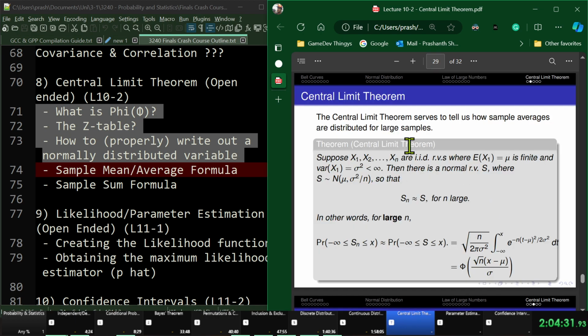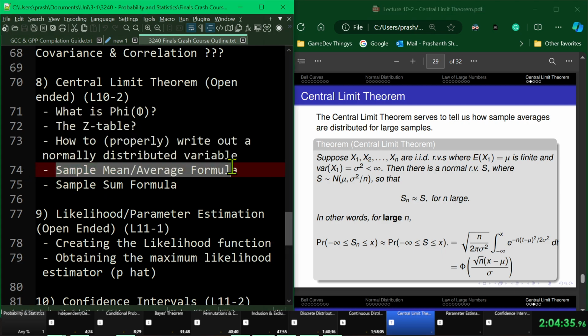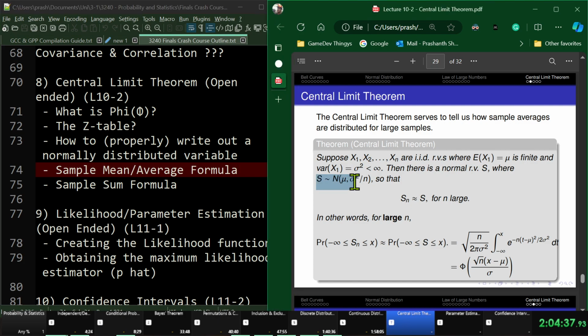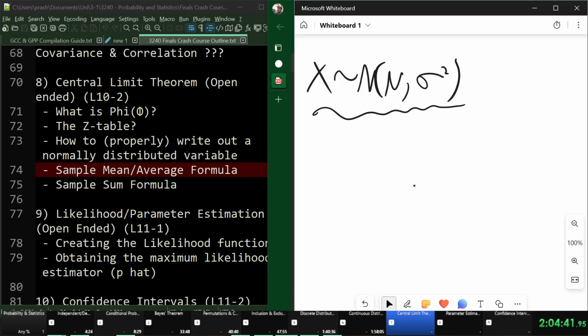CLT. This is where, now we're at this point, the sample mean and average formula comes in. So we know that this is the distribution for the whole population. And then we took an average.